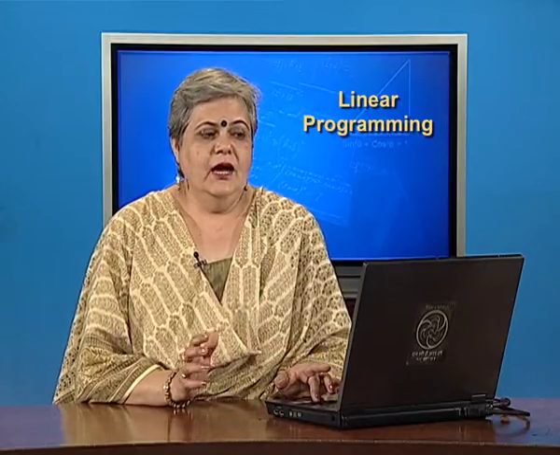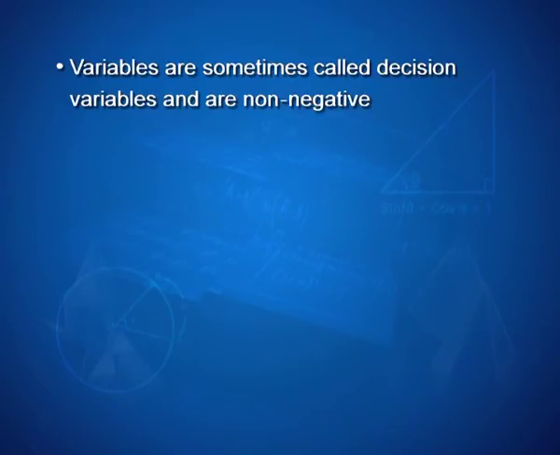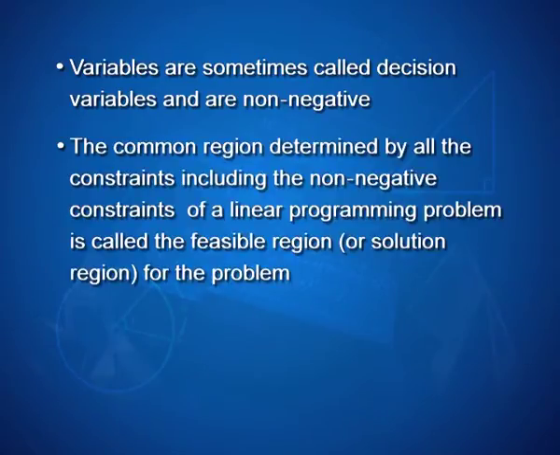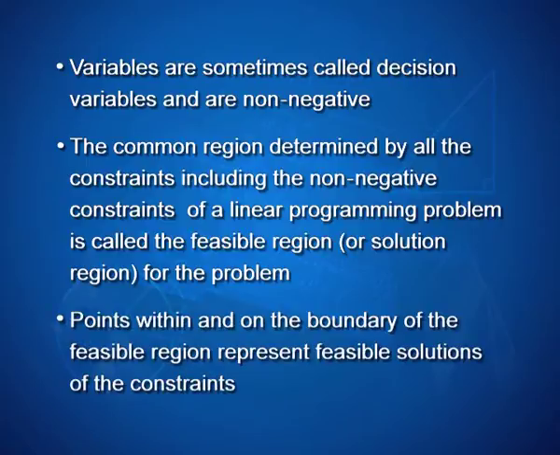Then we are looking at the feasible region. What do we mean by feasible region? The common region determined by all the constraints, including the non-negative constraints of a linear programming problem, is called the feasible region for the problem. The points within and on the boundary of the feasible region represent what we call feasible solutions of the constraints.